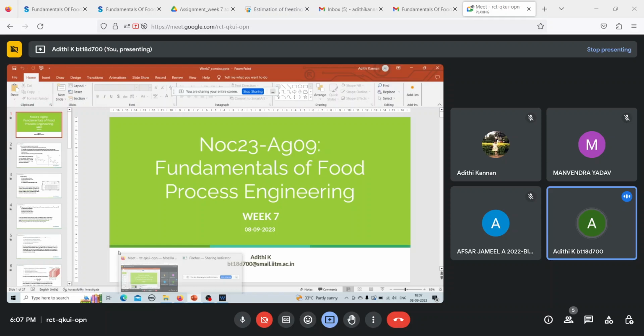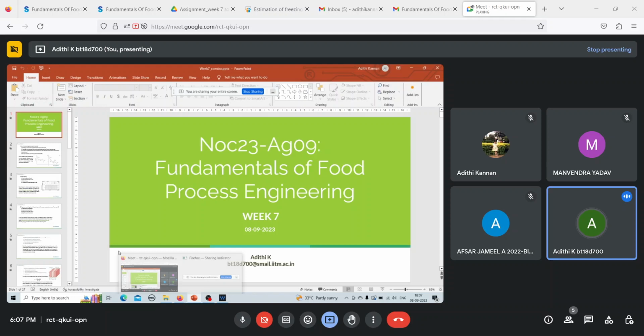It's mentioned here that the potato is at minus 1 degree Celsius. So when you have only the freezing point given, the easiest equation to use is Planck's equation for the calculation of freezing time. When you have a lot more data given, as we'll be discussing in the coming questions, you can use a different equation which is much more accurate than Planck's equation.